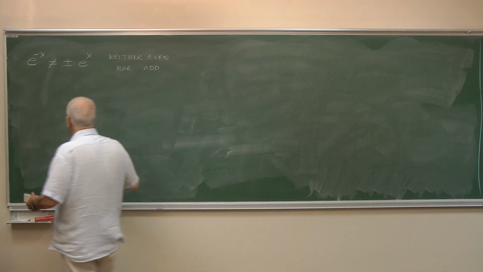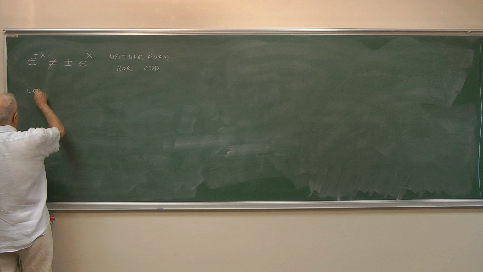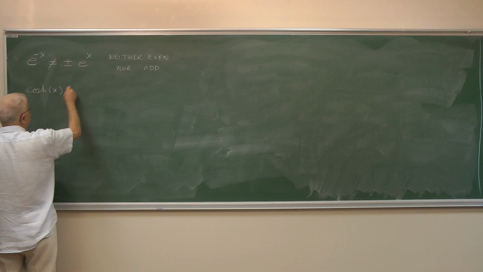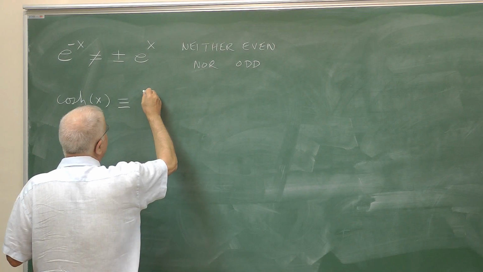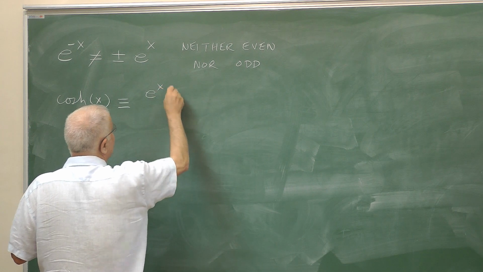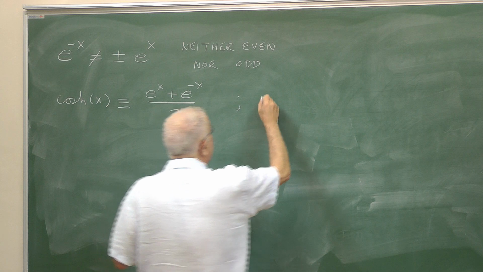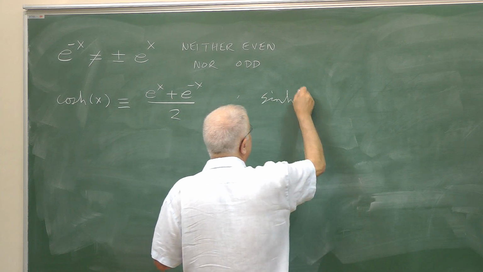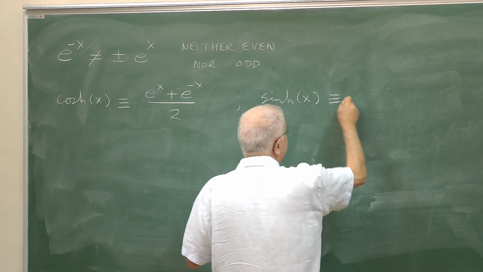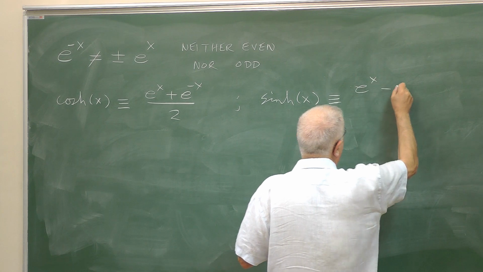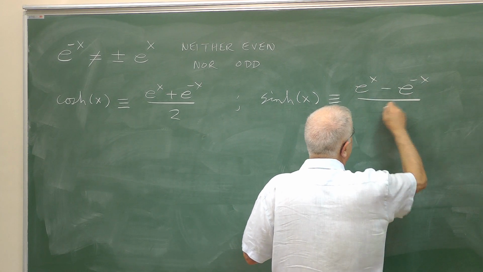We define them as cosh x, which is e to the x plus e to the minus x divided by 2, and sinh x is defined as e to the x minus e to the minus x divided by 2.